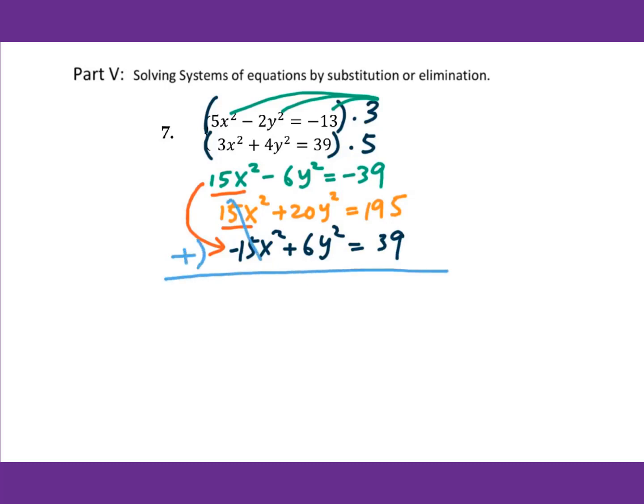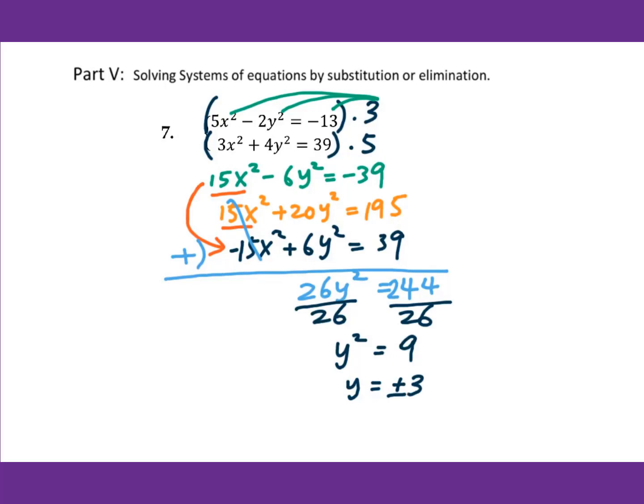It's gone. 26y squared equals 234. Then you divide by 26 on both sides. You will get y squared equals 9. Then y equals plus or minus 3.